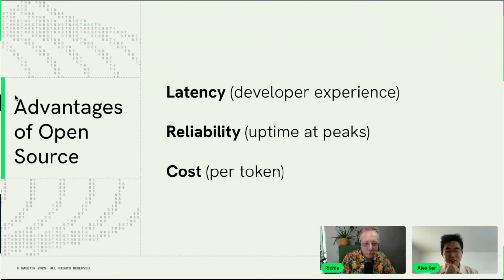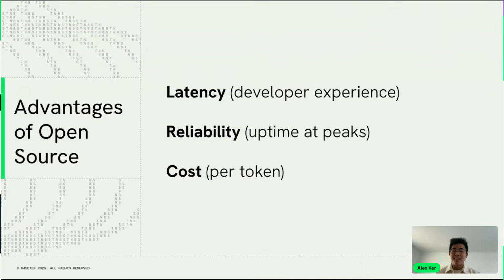Okay, great. So reversing back a little bit, here are the advantages of open source, which turn out to be some of the cons of closed source. The first is latency. Your time to first token and output is the difference between a laggy product and a fast product, which feels instantaneous in real time.